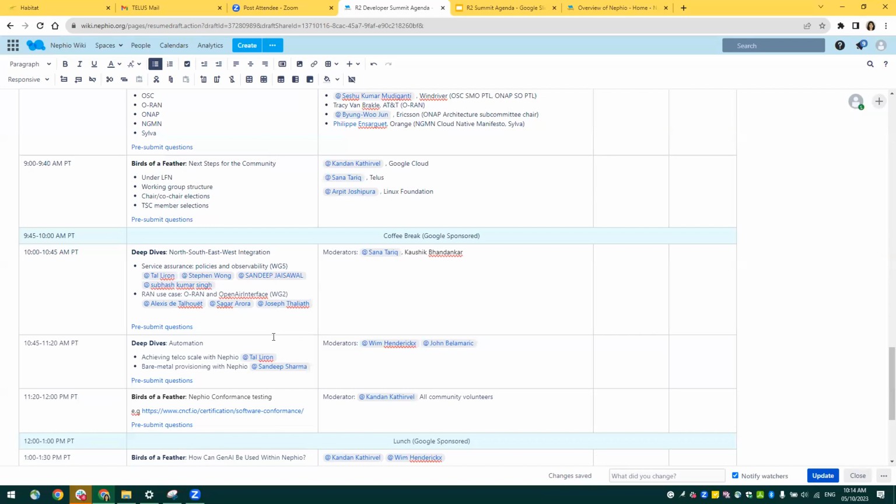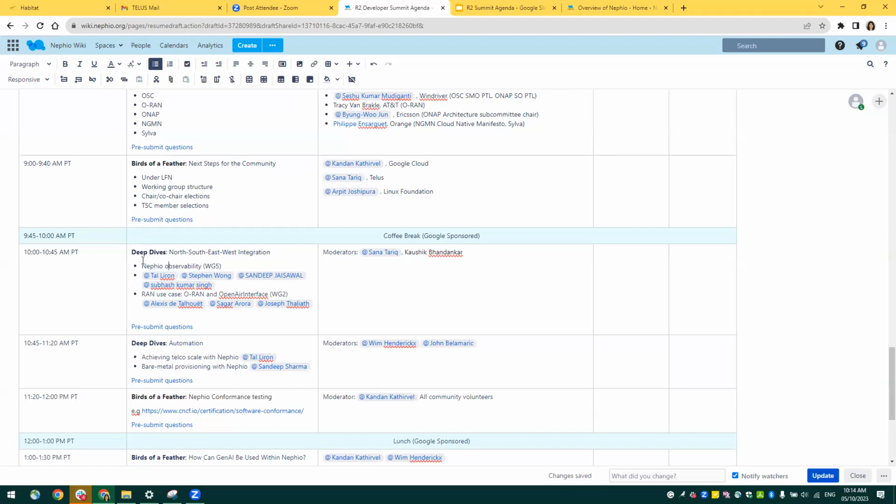I was going to suggest the same thing. We organized this originally just by use cases, but it doesn't have to be by use case. So I think service assurance use case is 1.